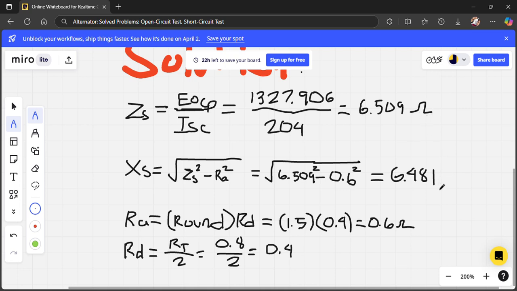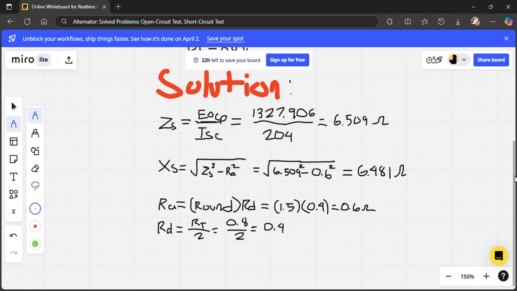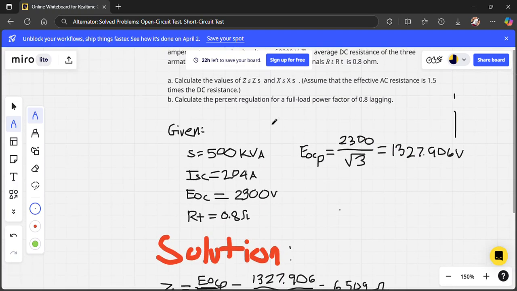This is also in ohms. So we already solved the synchronous impedance and synchronous reactance in A.